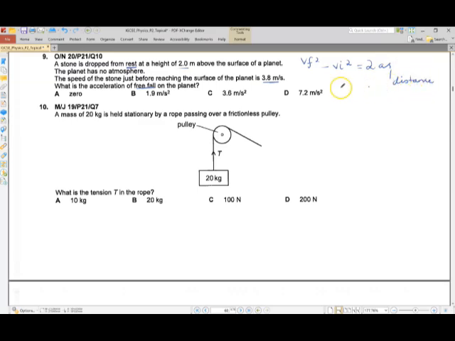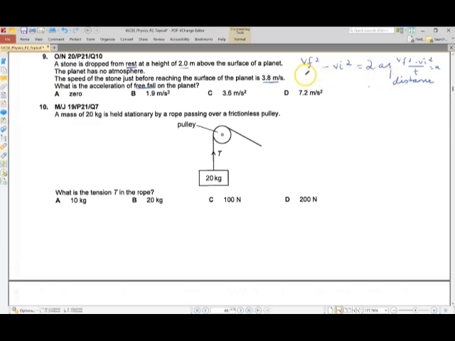This is a very common formula, just like (Vf minus Vi) by T is equal to A. But this formula is at the moment not included in your course, so we are not doing it with this.